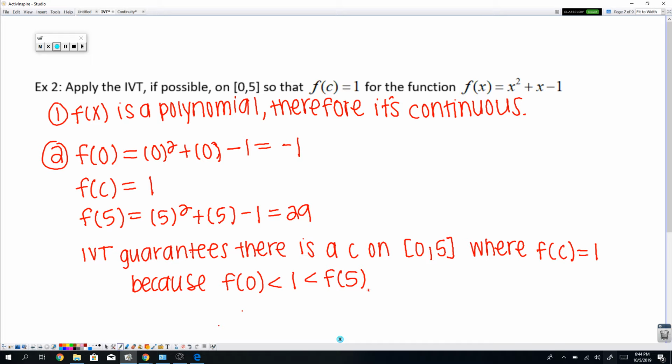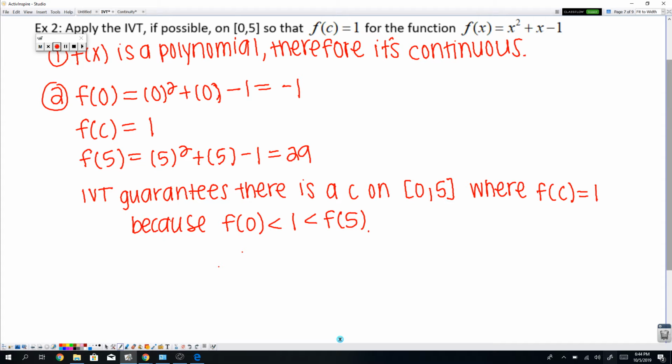Okay? Now, if they asked you what the C was, so like where is it, or what is the C that makes that f of c happen, and this is on your homework, so you might want to make sure that you look. So if it said which C, so I'm going to put a purple right here, because this is not on there, but what C makes that happen? What you would do is you would put 1 on the left side, because we said this is a y value.